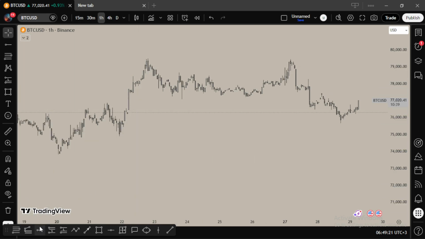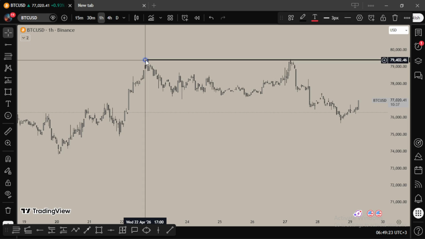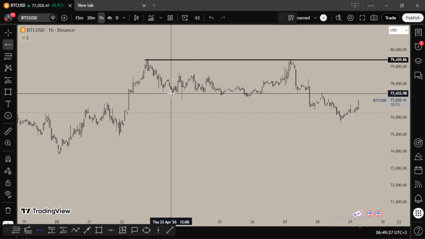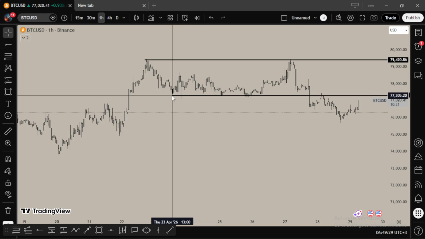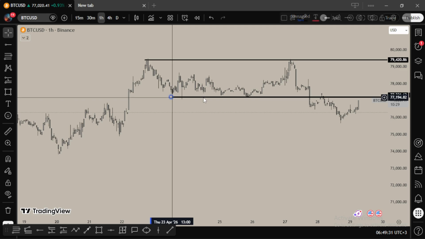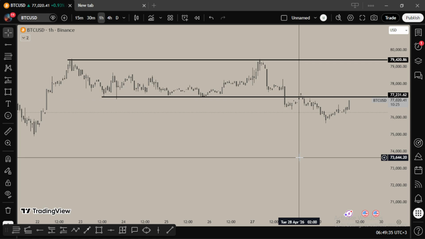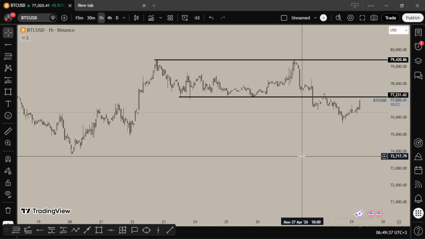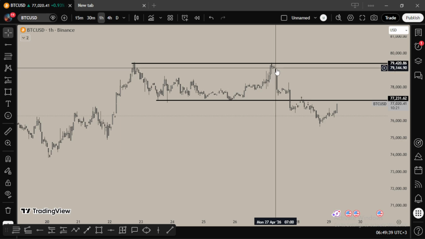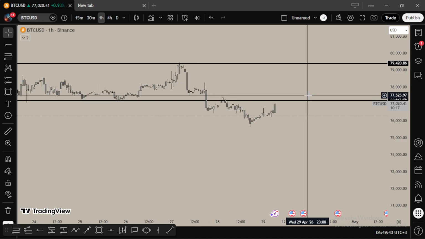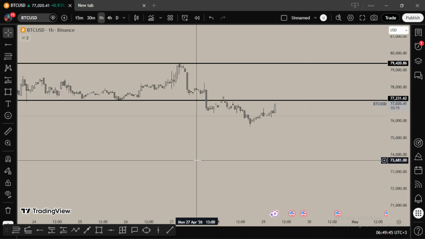So we have sellers at this area. We had buyers at this area. I told you guys, if by any chance price sells into a level of buyers, who are in control? Buyers. So in this situation, or sellers, I'm sorry. So in this situation, we're just patiently waiting to see how price is going to be.